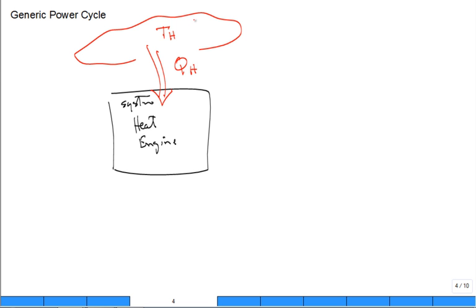You're burning something to make a hot environment, and then you transfer the heat out of that flaming ball of fire, that furnace. And you want to convert as much of that energy into work net out of the cycle. So instead of showing some work in and some work out, just talk about the net work out of the cycle.